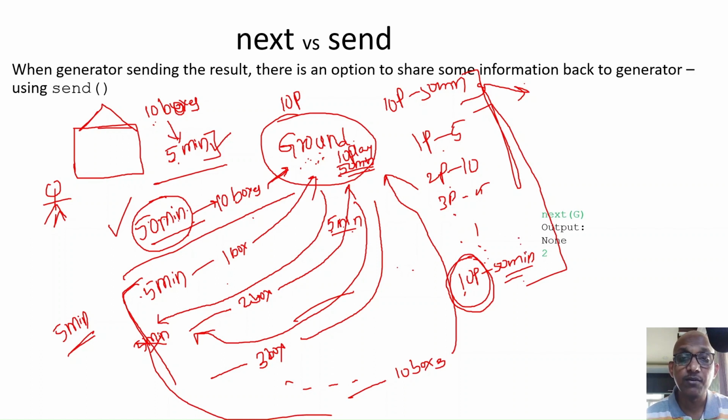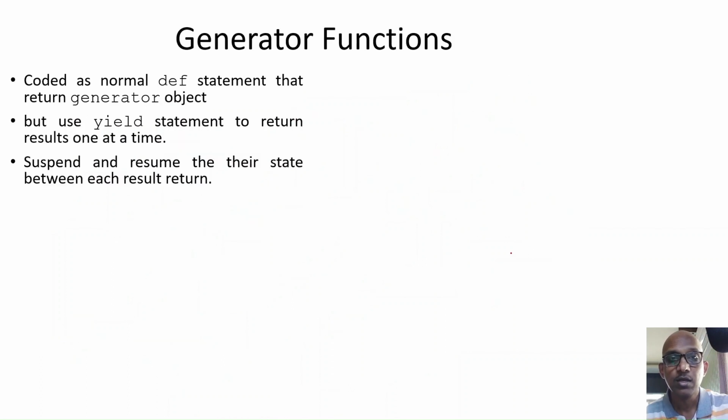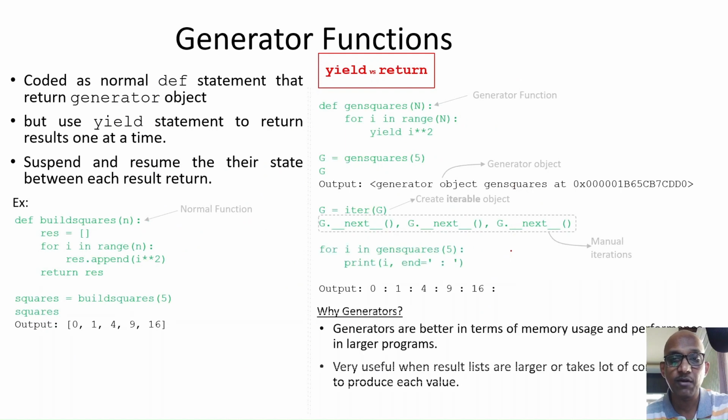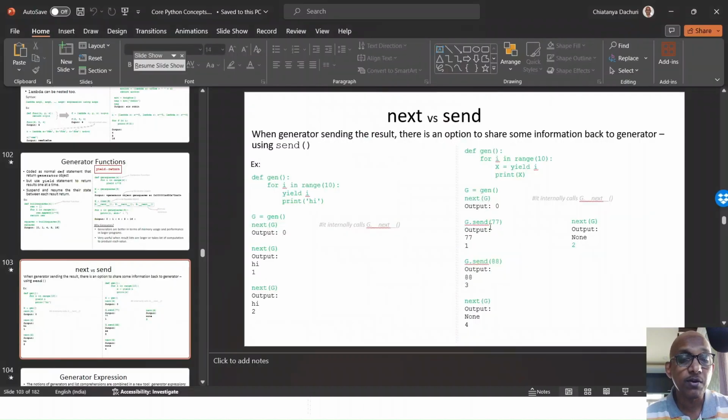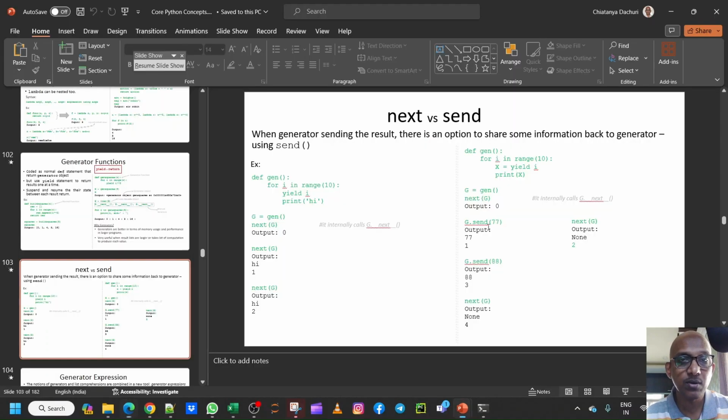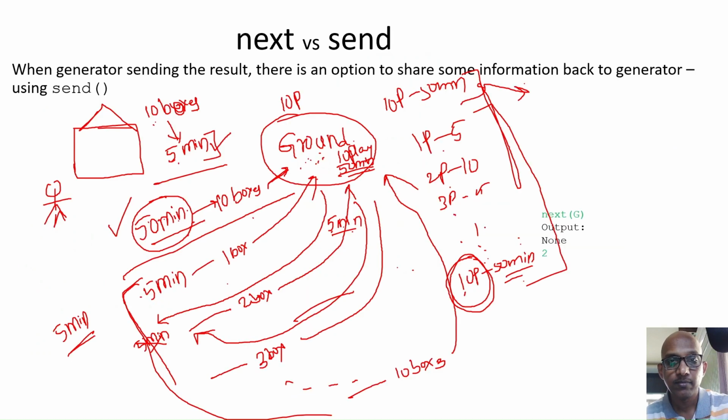So this is one of the advantages of this second option. I'm relating the same thing to generator functions. The first advantage is that memory is going to be used very effectively. The second is performance. Here only the 10th player is waiting for 50 minutes, and the remaining players are eating.